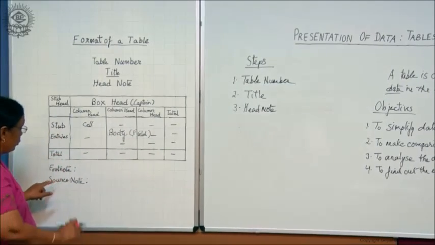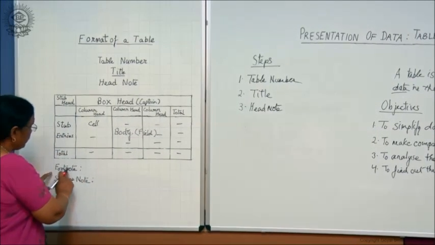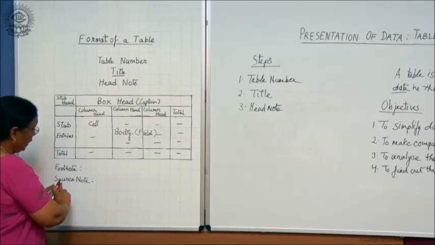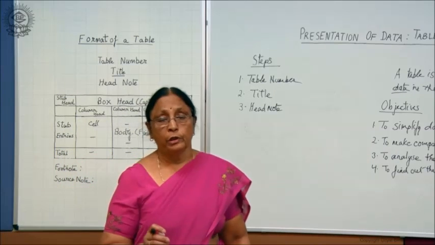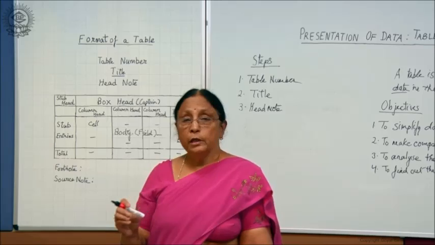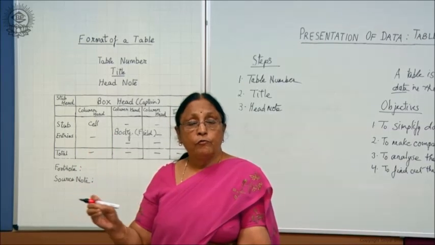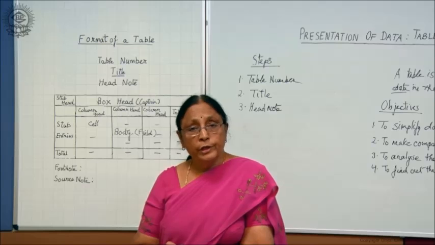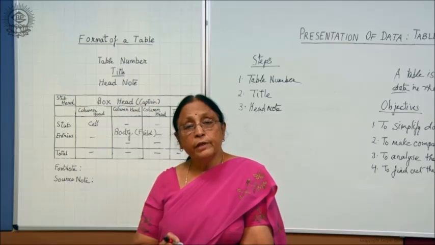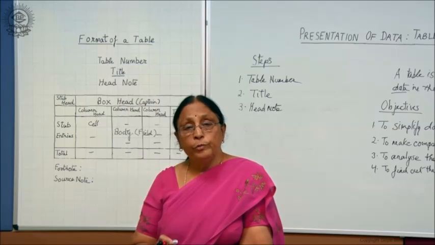Now two things you will note down here. One is the footnote, another is the source note. What do we mean by footnote? Below the table, a footnote is given if needed. Not necessarily, but if needed. And what do we mean by if needed?